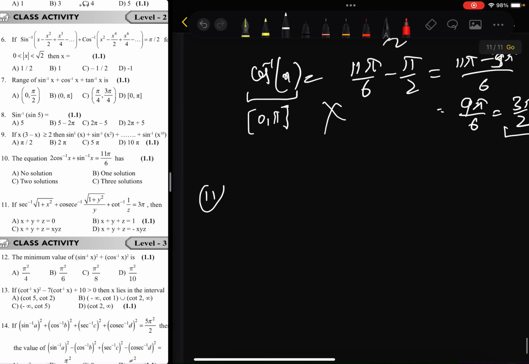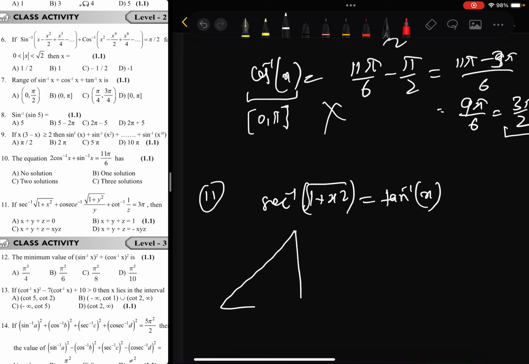Question number 11. So 1 plus x square, it is actually tan inverse x, right? Also you can use the triangle rule if you forget the formula. This is theta. Suppose it is sec inverse of 1 plus x square, so 1 plus x square is the hypotenuse, divided by 1, so 1 is the base.